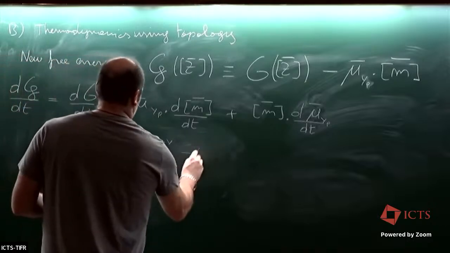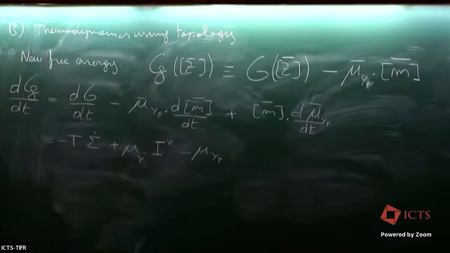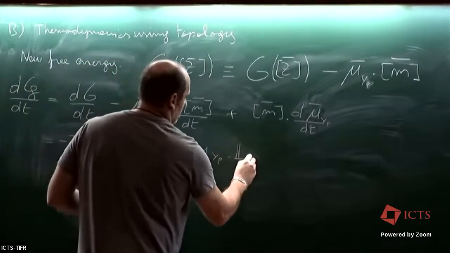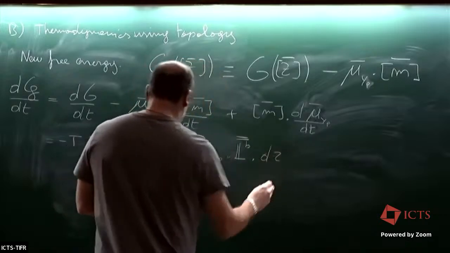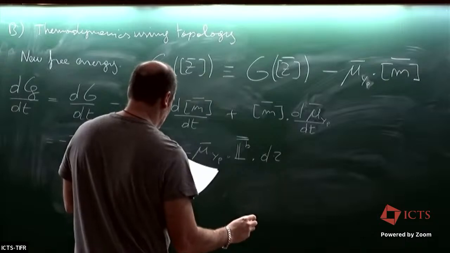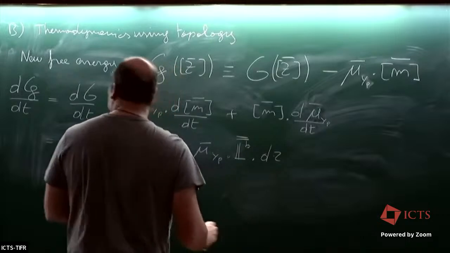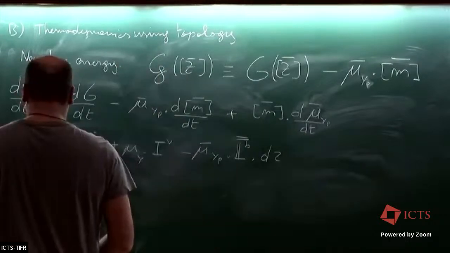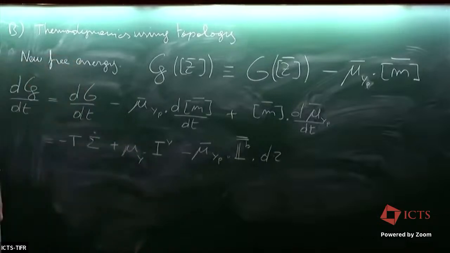Now this term here, I will use this. M is L times Z, by definition of the conservation law.